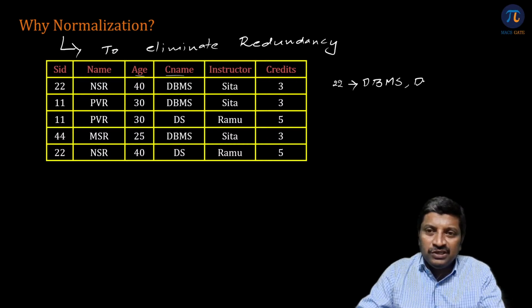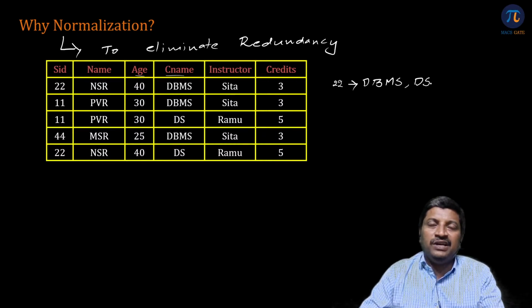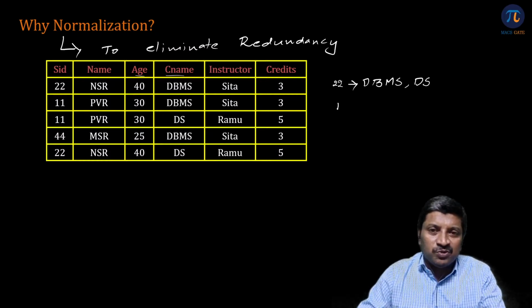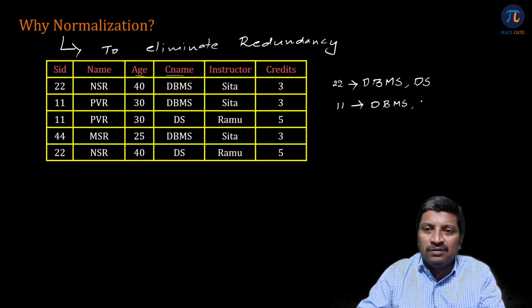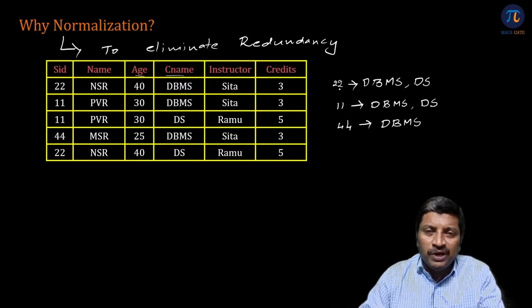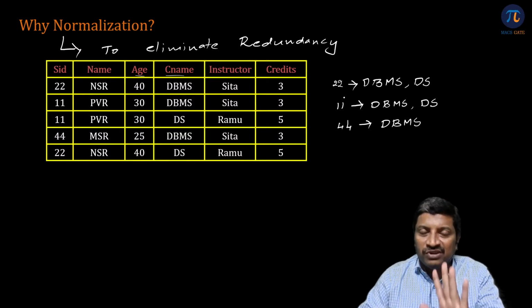Yes, he registered DS, meaning data structures. Similarly, suppose I take student 11. He also registered DBMS and DS. Suppose I take the third student. He registered only one course, that is DBMS.